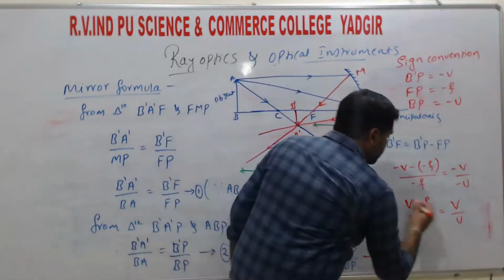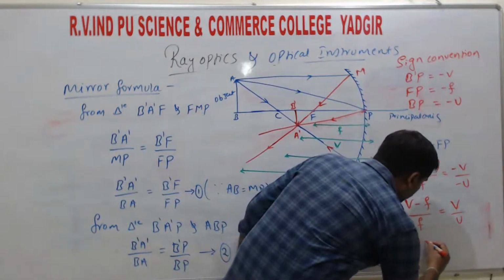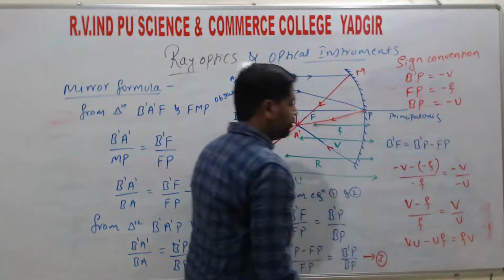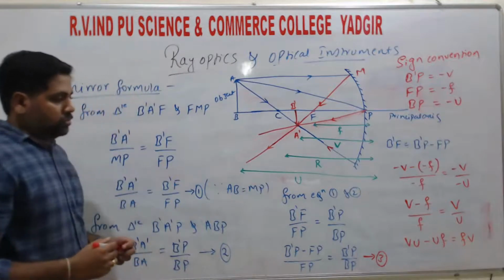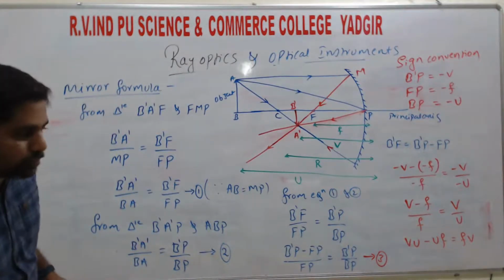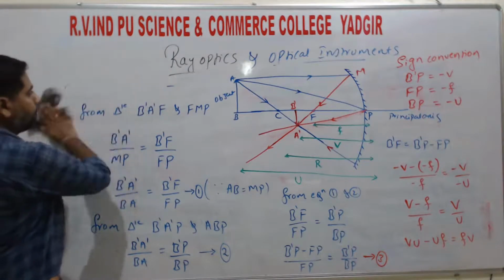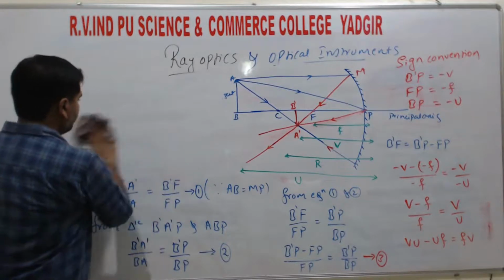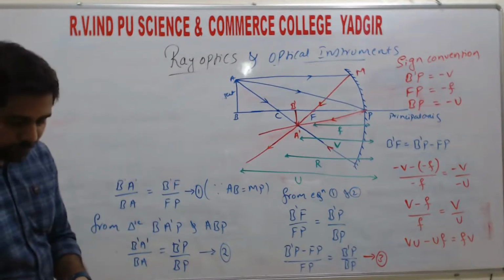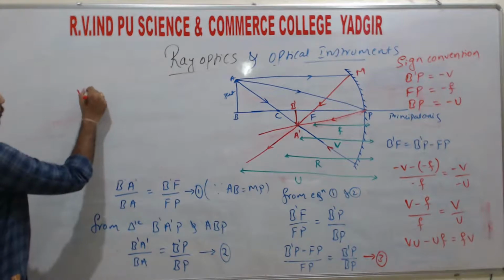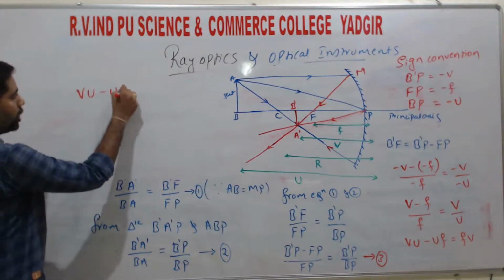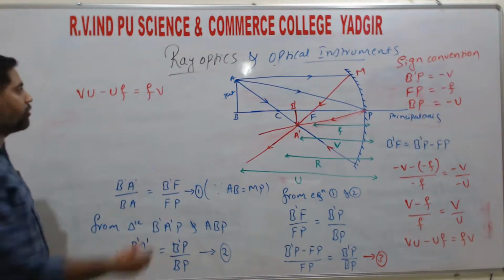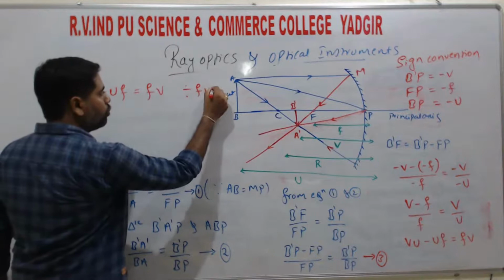Now if we simplify by cross multiplying, VU minus UF equals FV, right? Now we divide this whole equation by FUV.